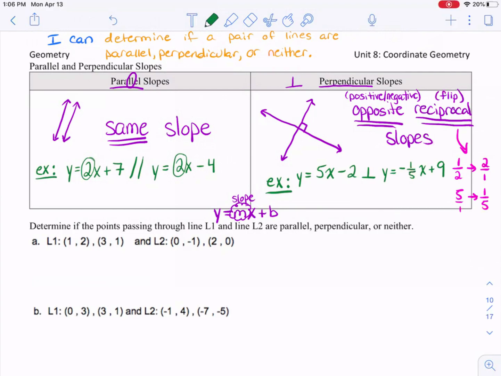So let's come up with another example. How about this, Miss Murphy? Why don't we say y equals negative 2/3 x plus 4. Do you think you could come up with an equation of a line perpendicular? Think about it. What do you think, Miss Murphy? I know I'm looking just at the slope, so I'm going to keep the y equals the same.